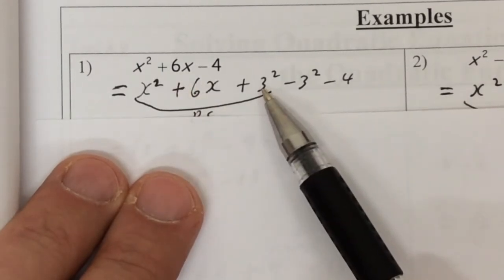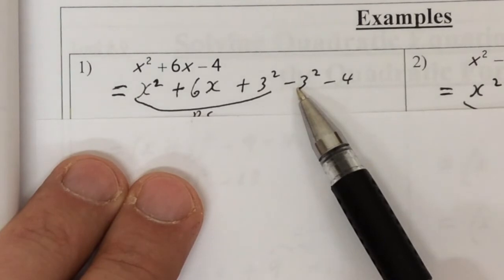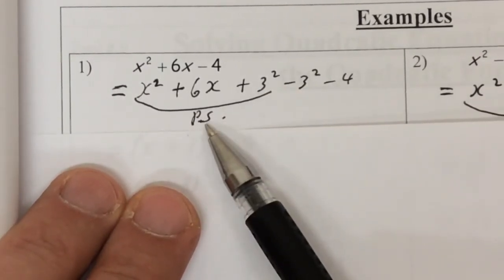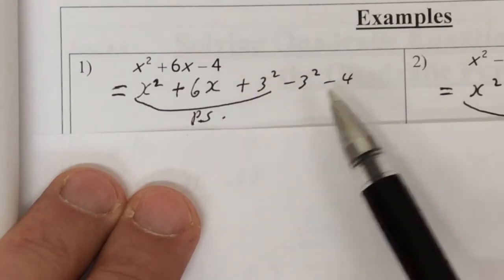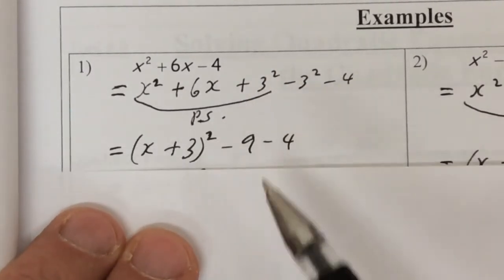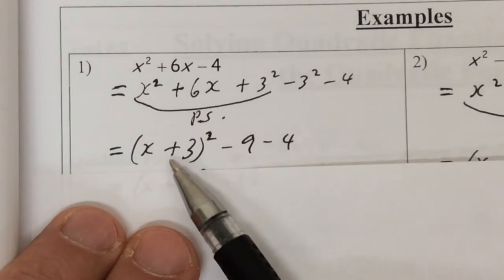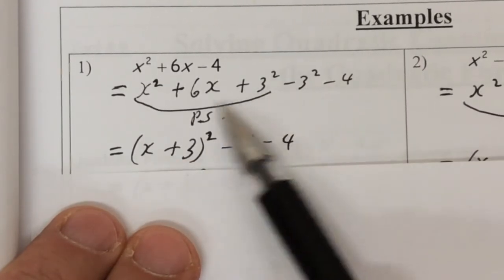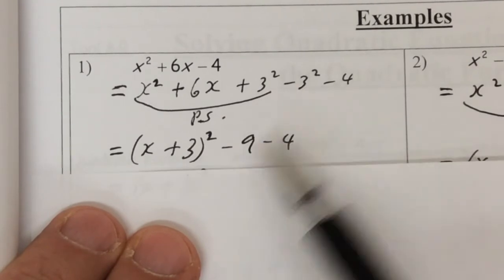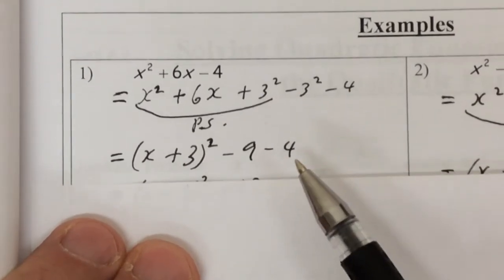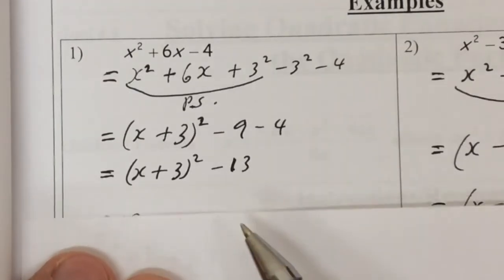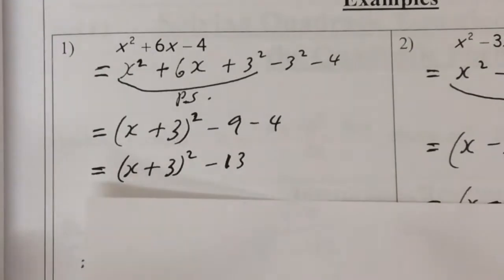I'm going to add 3 squared, I'm going to subtract 3 squared to keep it equal. That's the do nothing part. This is the perfect square. And the minus 4 is still there. And then we've got x plus 3 squared minus 9, because this is a perfect square, minus 9 minus 4. Minus 9 minus 4 gives us minus 13, and we're done that one.